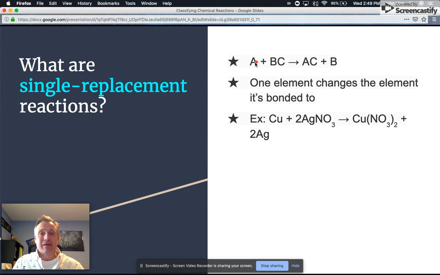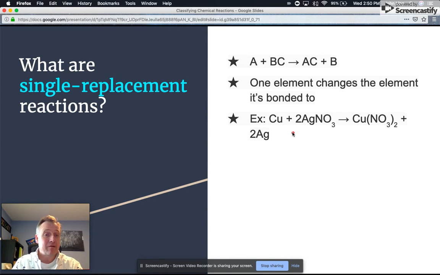We've taken two things here, A and BC. BC is a compound, and B has tossed off C and has gone off by itself, and A has picked up C to form AC. So C has basically switched places, switched partners. So basically one element changes the element it's bonded to. It was A by itself and BC, now it's AC and B.